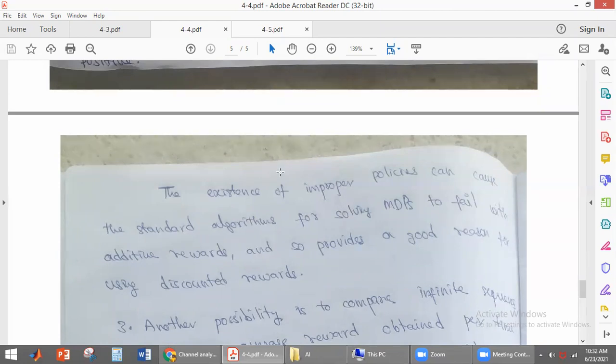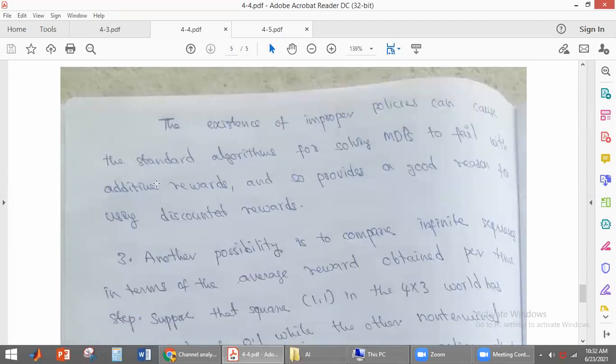If you use additive reward to represent utilities for an improper policy, the algorithms we use for solving MDPs will fail. So for an improper policy, we should always use discounted rewards only.